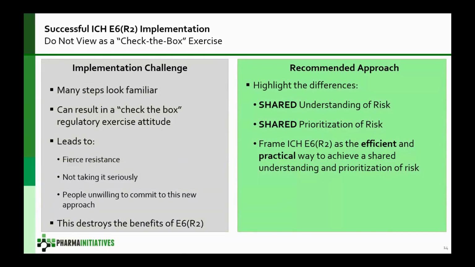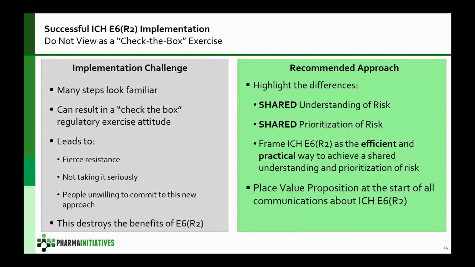And as a result, everyone's been sort of optimizing their own risks, but not looking at how we can optimize broadly across the study. And that's what E6R2 brings to the table. And it's what enables that value proposition.